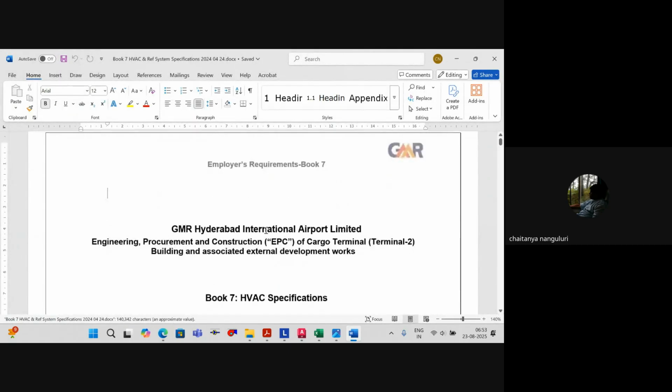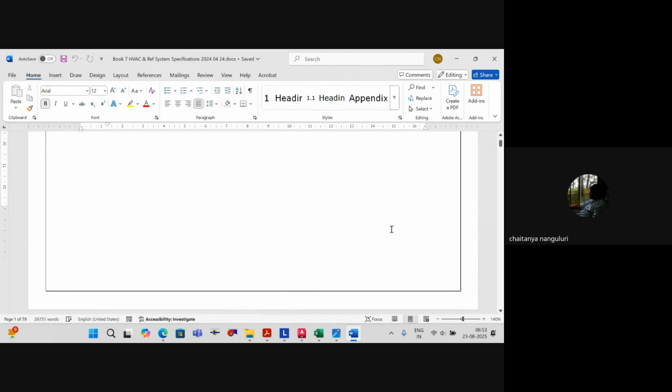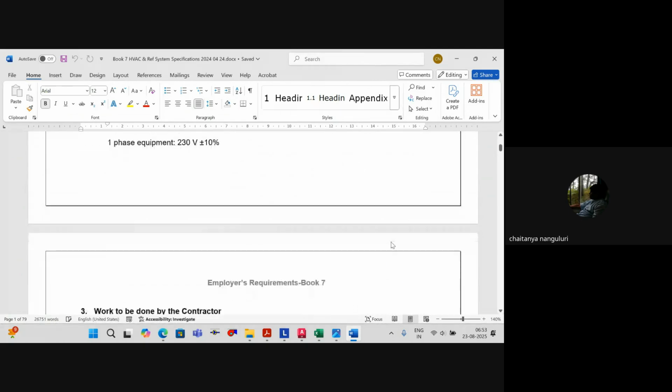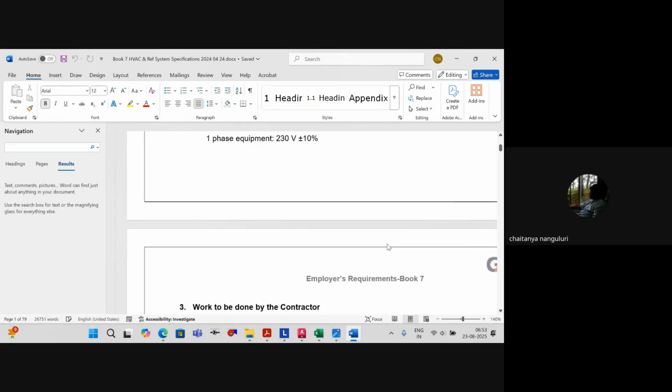So like that, generally we make the specifications book, the employer requirements book, as we call it. Inside the employer requirements book, you will actually provide a U factor.